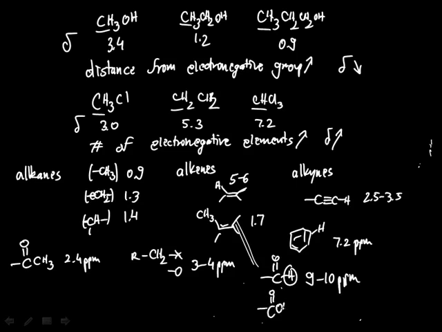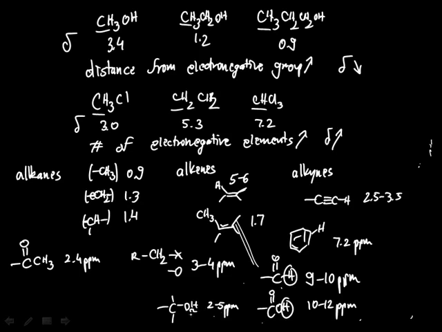Carboxylic acids are also characteristic in terms of region, but oftentimes their peaks are so broad that they merge into the baseline, so we can't really see them. And finally, as we've seen already, if we have an alcohol, these chemical shifts tend to vary quite a bit, so they're not as diagnostic as they could be, because they go from 2 to 5 ppm.